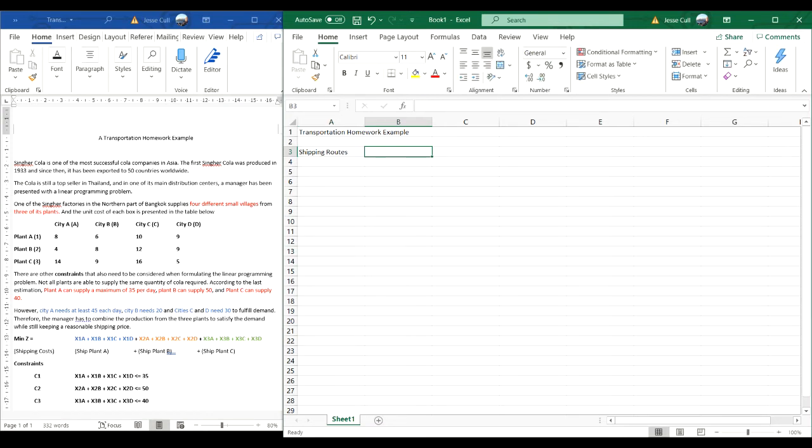The first route is plant A to city A. That's quite simply what we're doing.